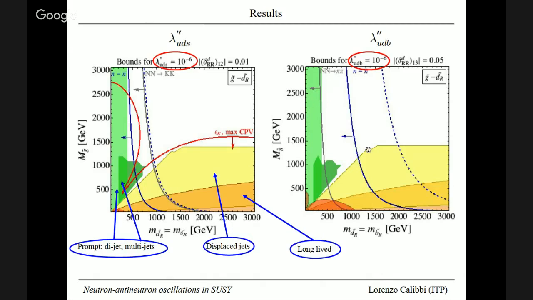So you can see here, of course, for this setup, you have a quite promising situation, but already the NN bar constraint is pretty strong, tending to be stronger than the constraints set by the LHC, at least on the squark mass, already at the level of 1 TeV, and the future constraint can go up to 2 TeV or so, which is a value which is maybe even beyond the reach of the LHC itself.